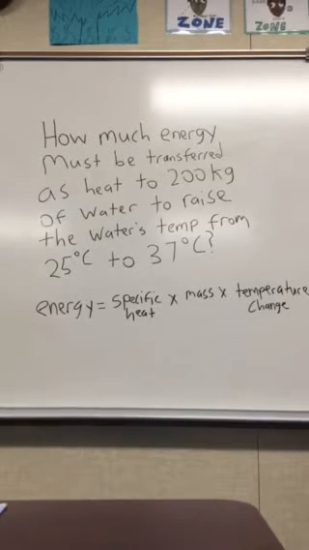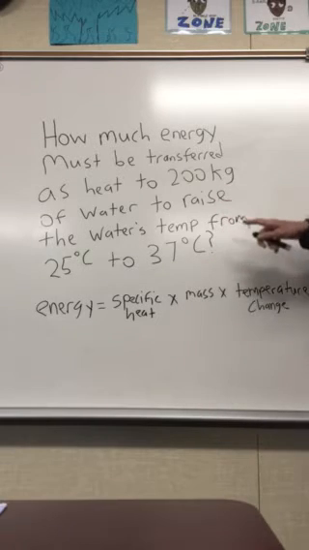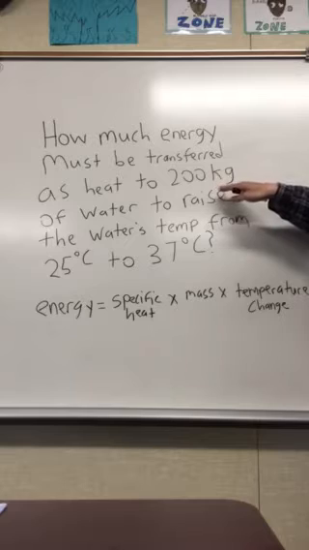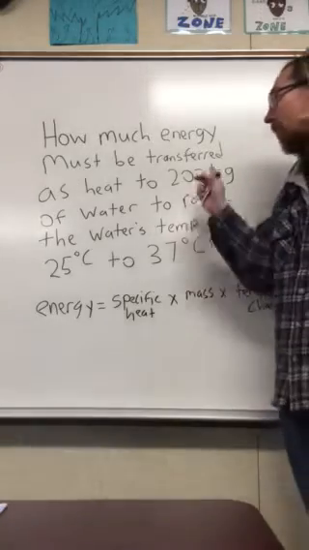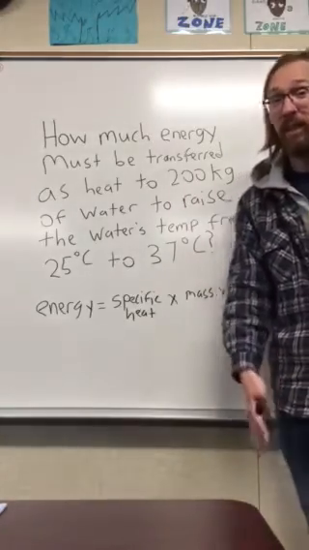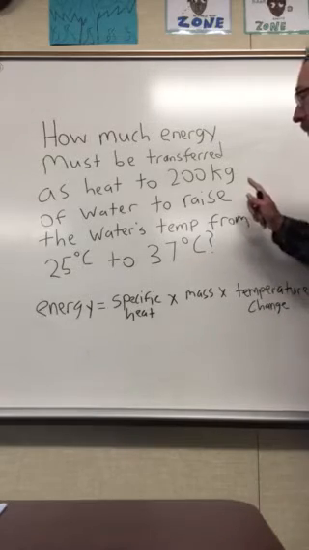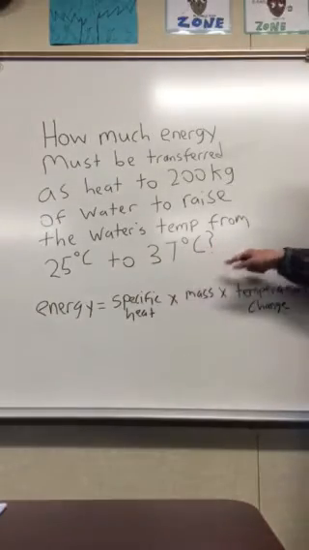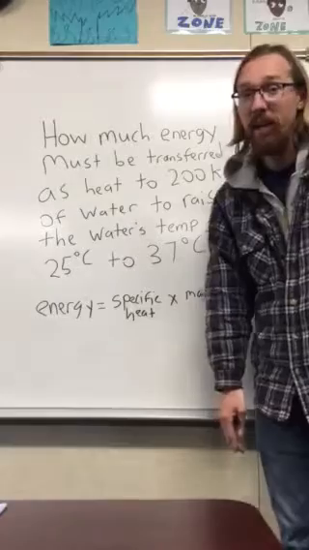Imagine we have maybe a bathtub full of water, and the bathtub can hold this mass of water. So there is 200 kilograms of water in that tub. That's how much the water weighs inside that tub. And we want to raise that water's temperature from 27 degrees Celsius to 37 degrees Celsius. And we want to know how much heat energy that would take.